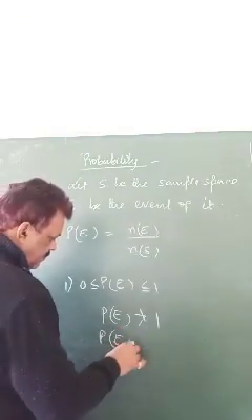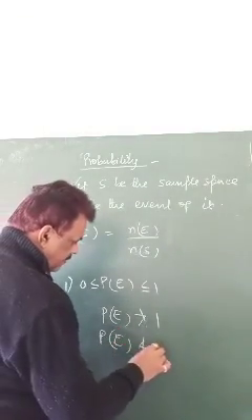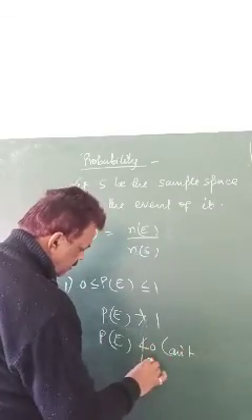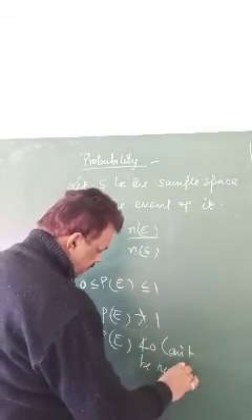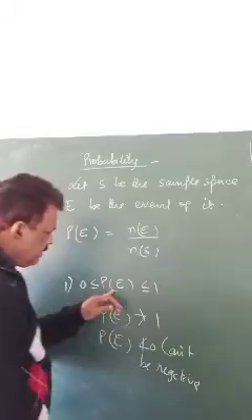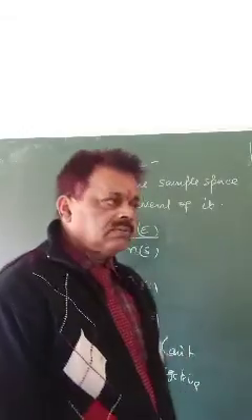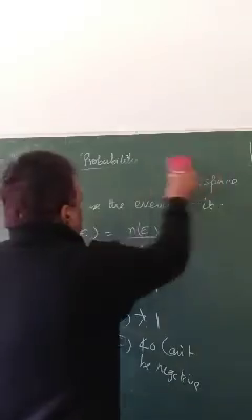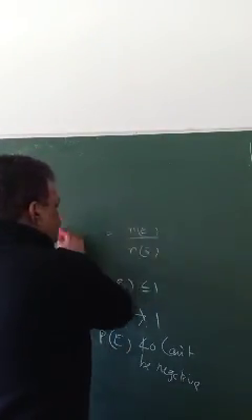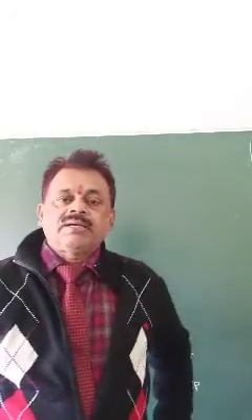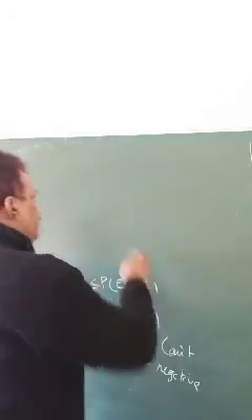Probability cannot be negative. Then probability can be 1, probability can be 0 also. So when is it 0, when is it 1? Somewhere it is a sure event, somewhere it is an impossible event.